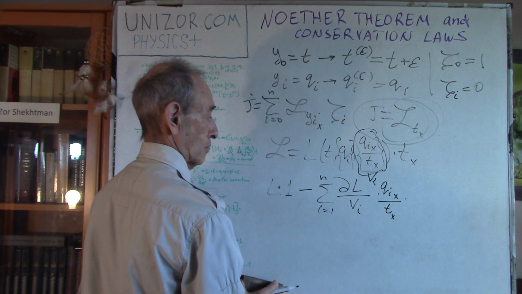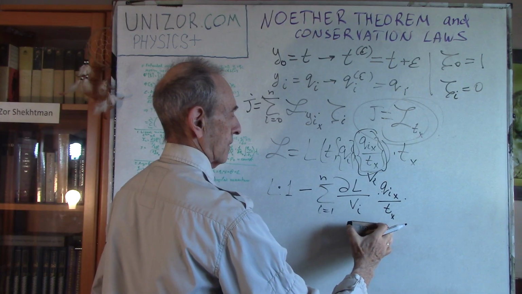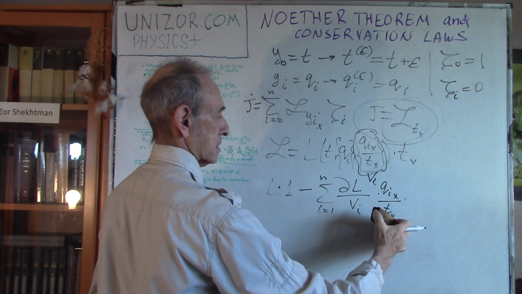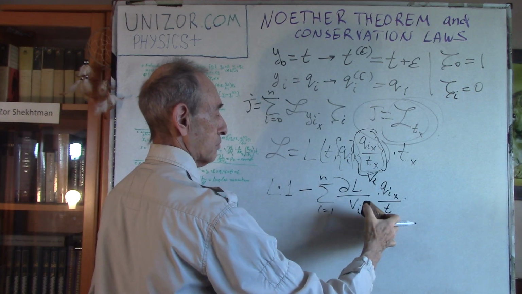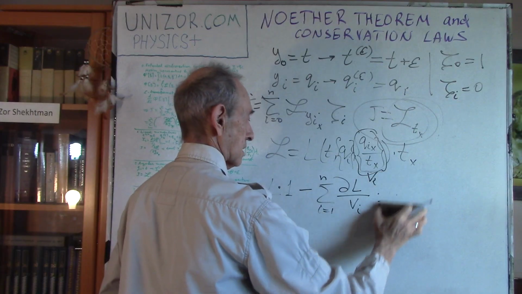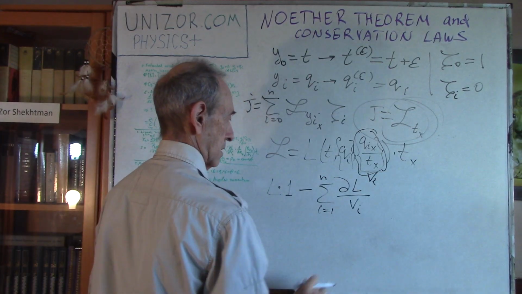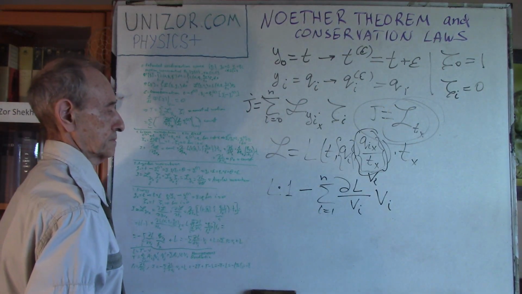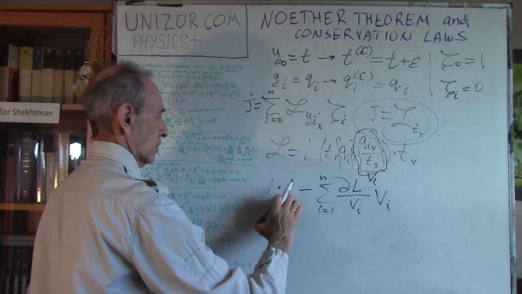And by the way, what is this? The derivative by x of qi divided by the derivative of x by tx. Well, derivative by derivative, it's the derivative of qi by t, which is velocity. That's what it is. So our formula is this one.